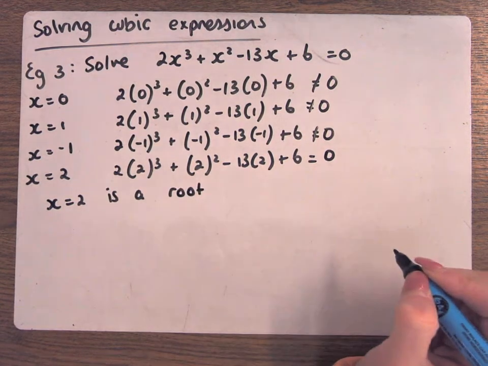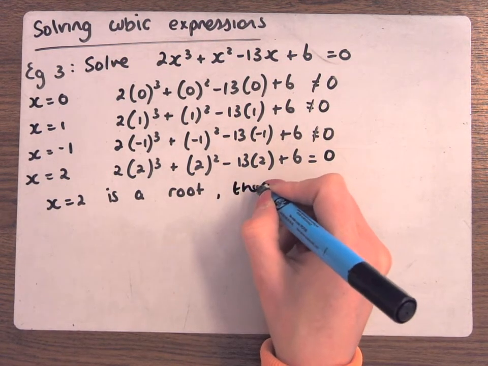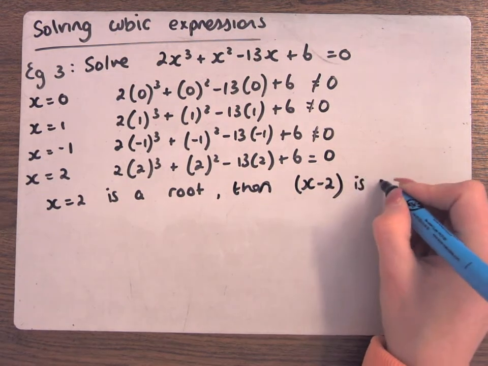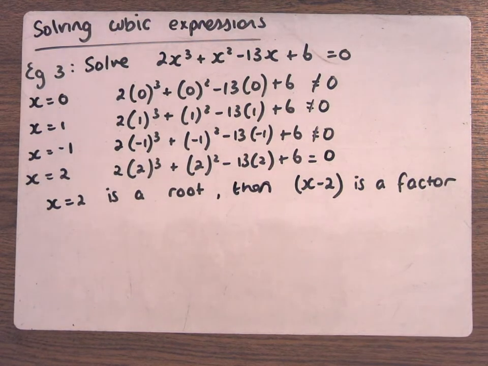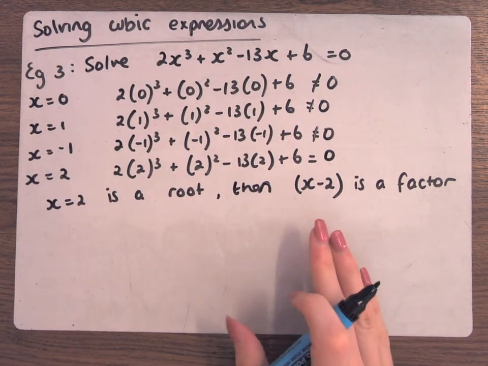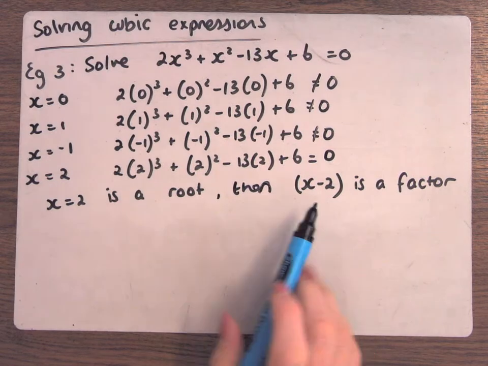So the converse said, if this is a root, then x minus 2 is a factor. It is a factor of this thing.